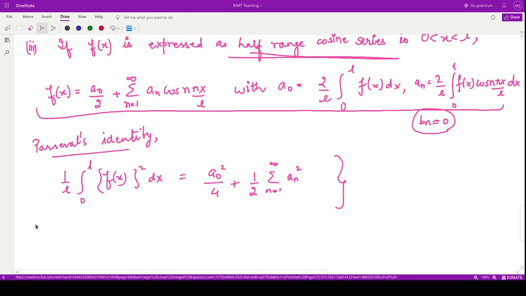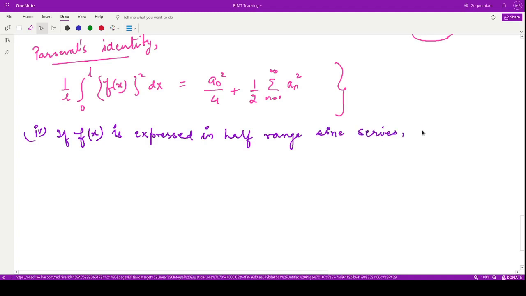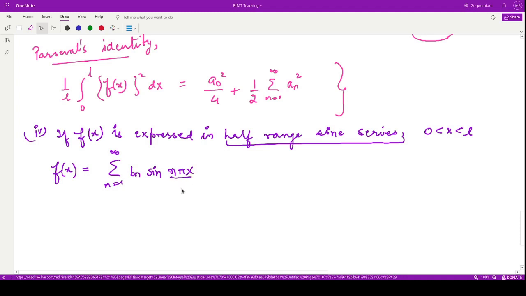And in the last case, if f of x is expressed in half range sine series, so that means we are defining it in the interval 0 to L, then the half range sine series of this function could be written as f of x equal to summation n varies from 1 to infinity bn sine n pi x upon L, right?